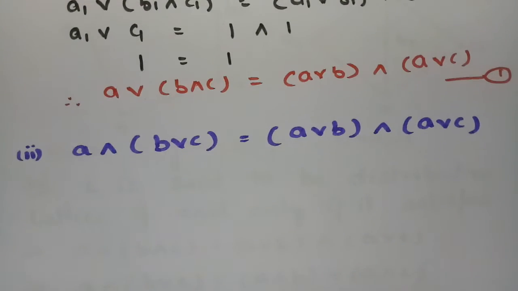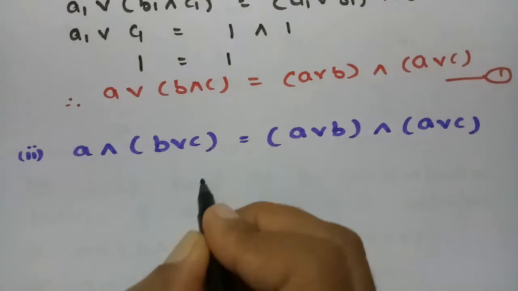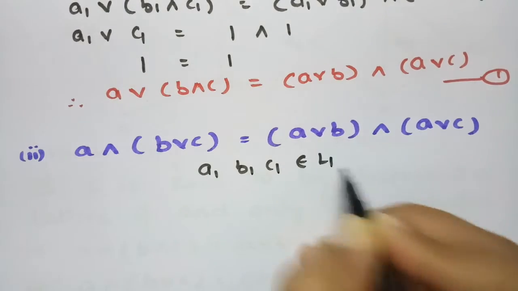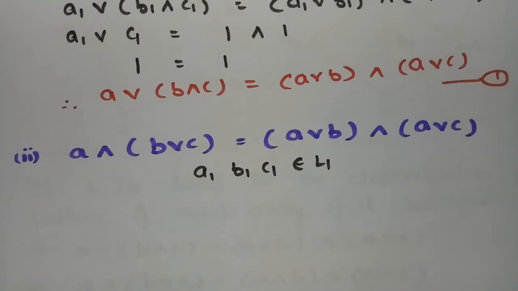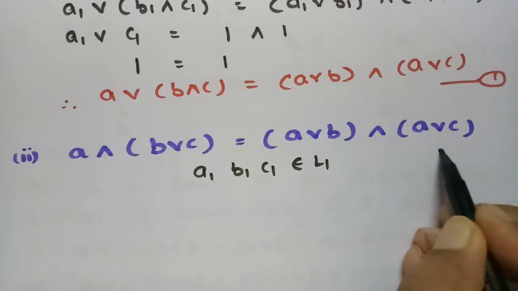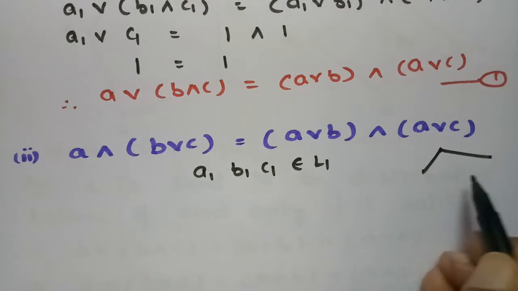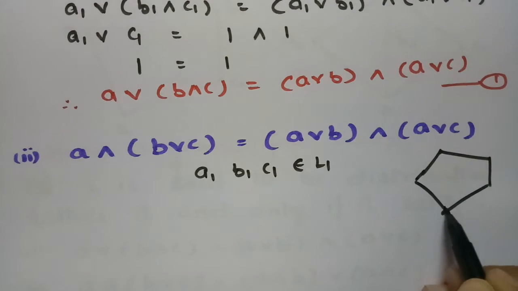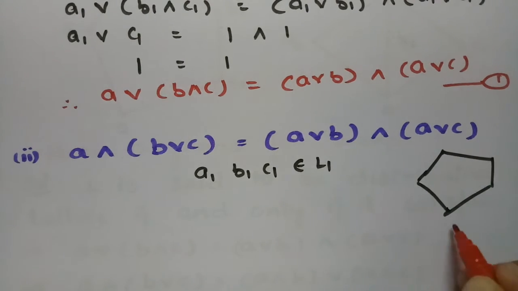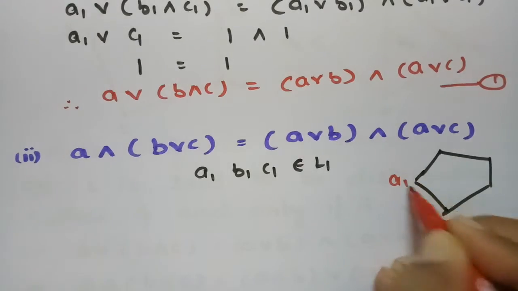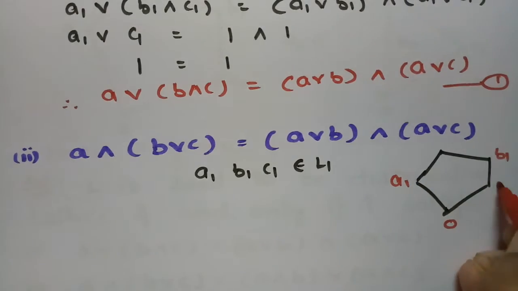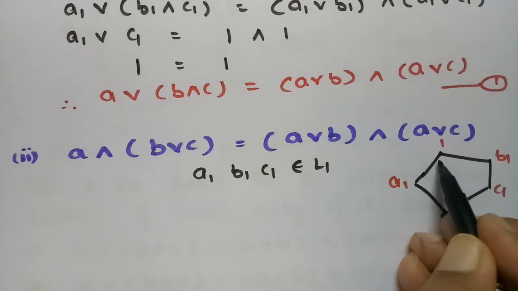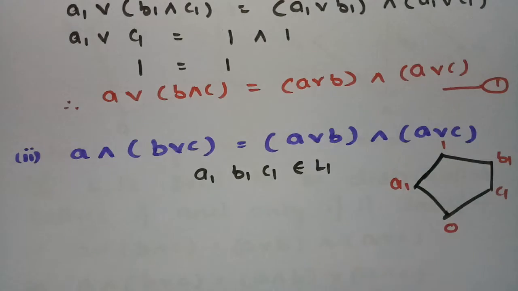Coming to the second distributive law, again I am taking 3 elements, that is A1, B1, C1 belonging to the lattice L1. Here is the Hasse diagram. According to the Hasse diagram, this is 1, this is A1, this is B1, this is C1, and again this is 0.